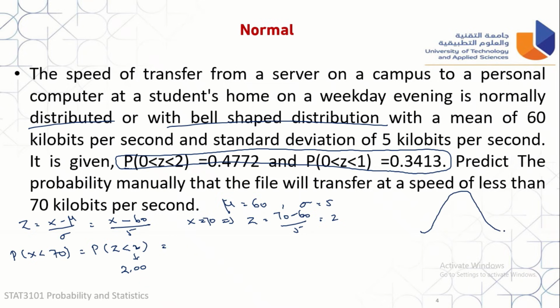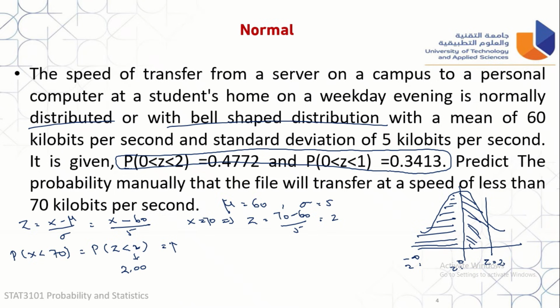So it is the normal distribution. In the normal distribution, the middle one is 0, and here z is equal to 2. The question is less than. Less than means all this area plus this area. This area is minus infinity to 0, all are z values. So what is our objective now?